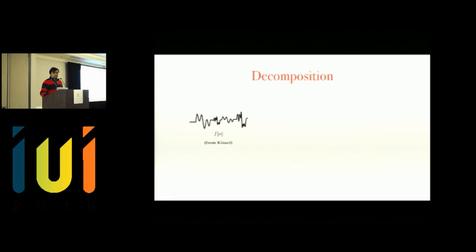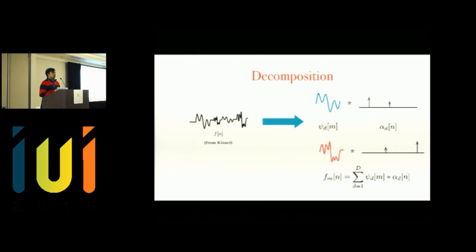Now, if we get the final output signal, how can we go back and reconstruct the patterns and their corresponding activation sequence? That's the problem of this algorithm. We do it by formulating an optimization problem. In this optimization, we minimize the difference between F and Fm, which is the model of the signal.